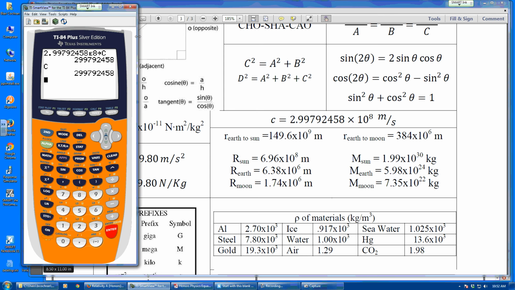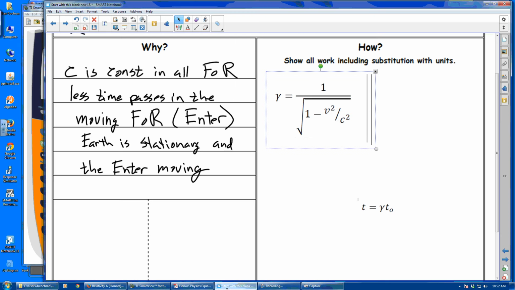Yeah. So now anytime you have to use that number, you just put in the letter C. Saves you a lot of typing and those possible mistakes from typing it incorrectly. So one thing to remember here is that gamma is always greater than 1.